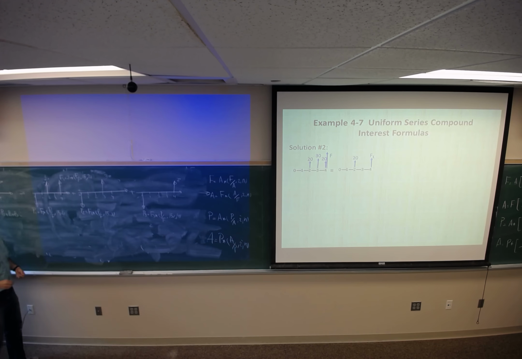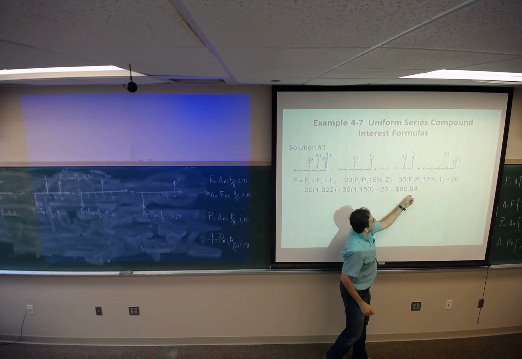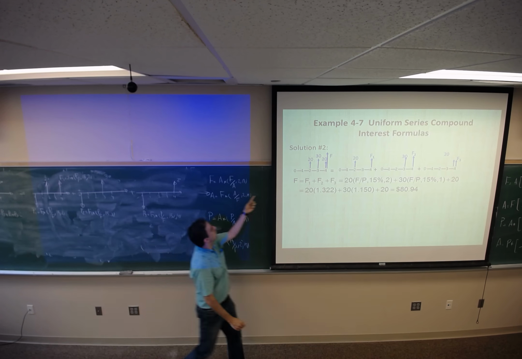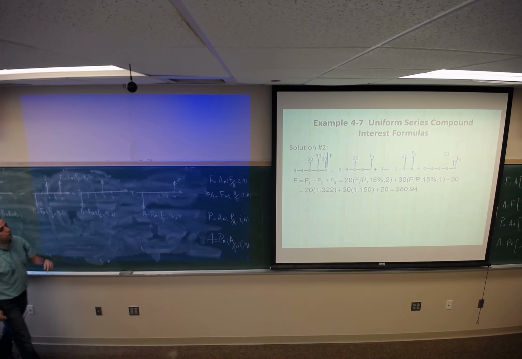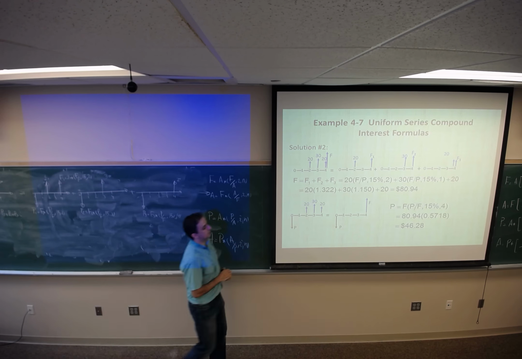Do the same things for F2 and same things for F3. Add them up, get F. Now you have F, which occurs at year 4. Find its present value at time 0.